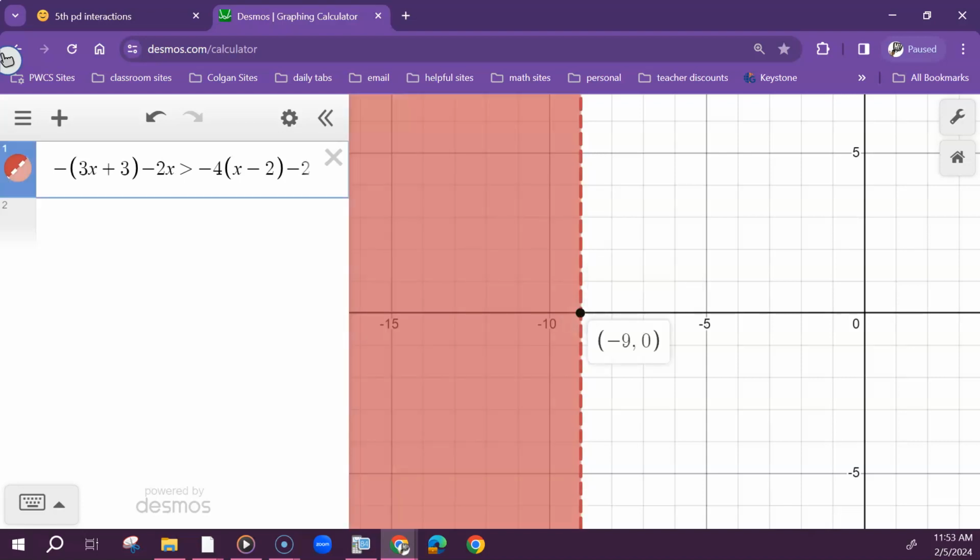Wherever the line is, that will tell you basically the same thing as when you were graphing. It'll show you whether it's less than or greater than. The dash and solid line we'll talk about in a couple classes, but dash would mean it's open, strictly less than or strictly greater than. Alright, so use Desmos to check yourself, work together. Let me know if you have any questions or need my help.